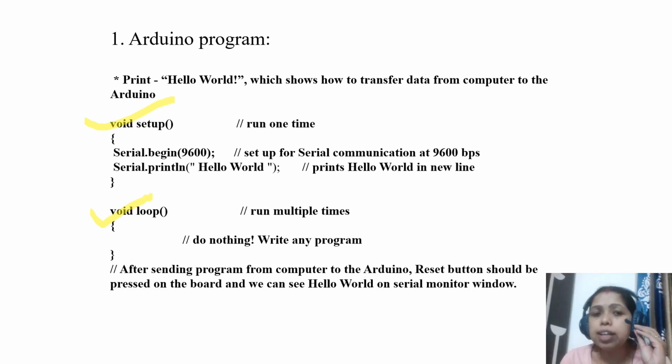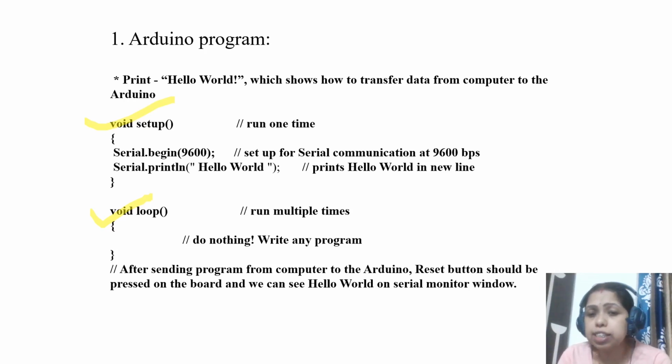I told you that the Arduino program is related to C programming. Normally, hello world will be printed only one time. So before writing anything under the void setup function, you have to write this code: Serial.begin(9600).